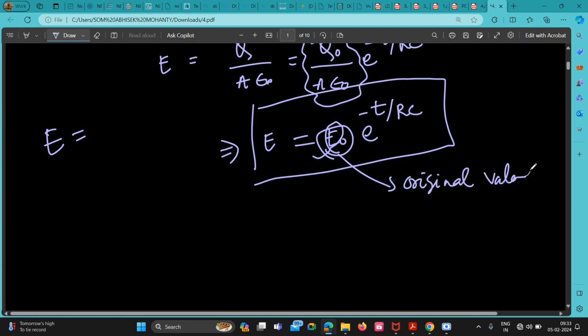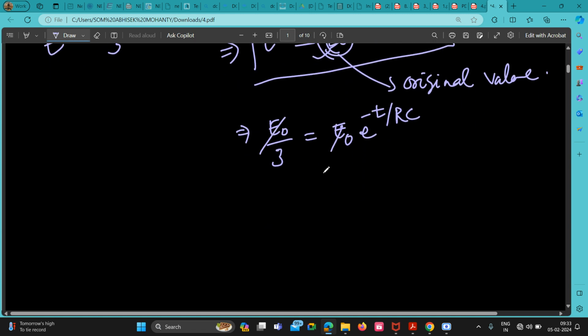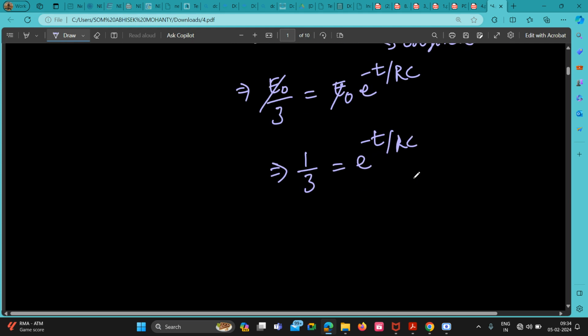So E is equal to E naught by 3. In place of E, we put E naught by 3 is equal to E naught e to the power minus t by RC. So E naught cancelled out, and 1 by 3 is equal to e to the power minus t by RC.